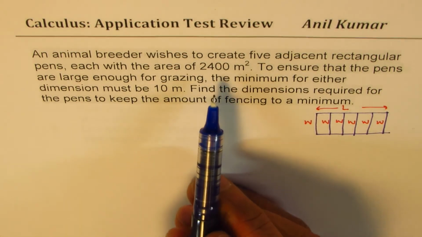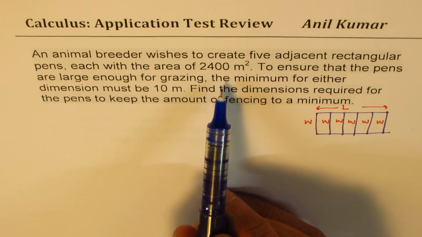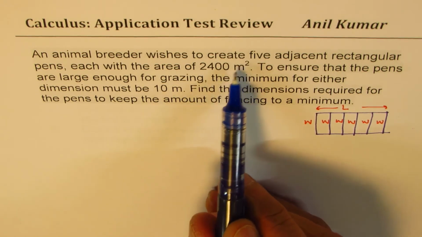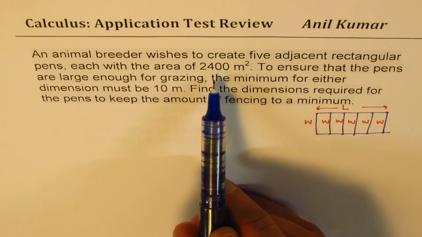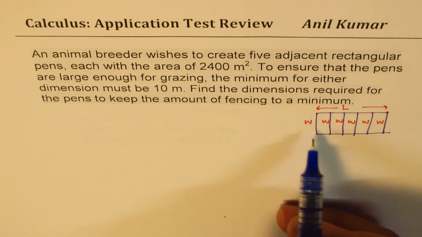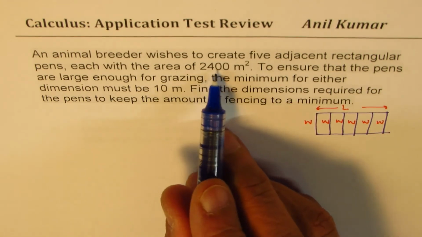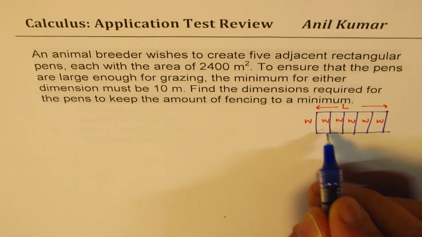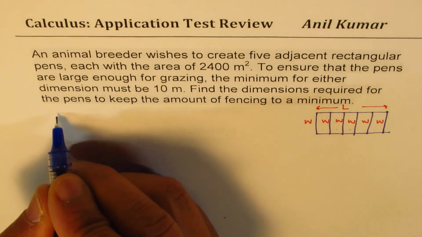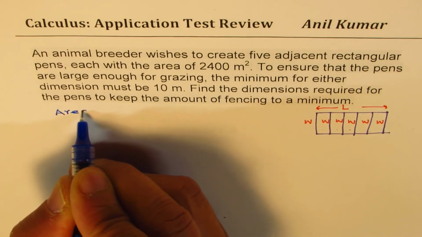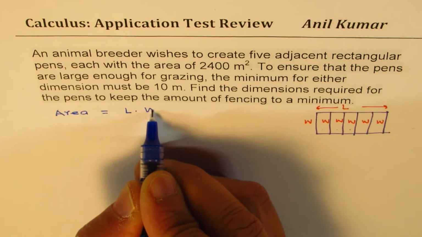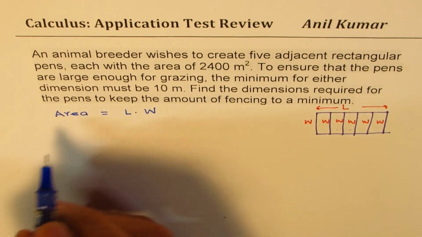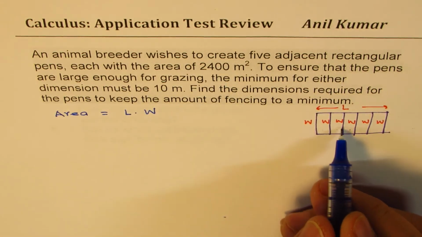Now what are we given? We are given area of 2400 meters square. So that is the area. So area is length times width. Now this is for each. That means each is 2400. So total area is, so we'll say area equals length times width. And total area is, there are 5 such pens.